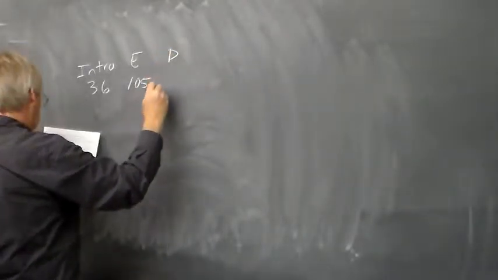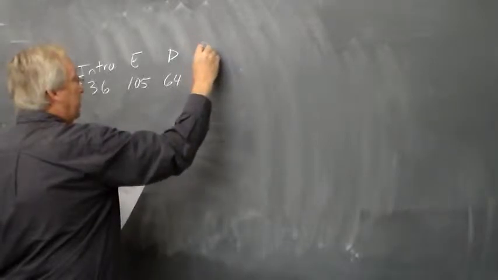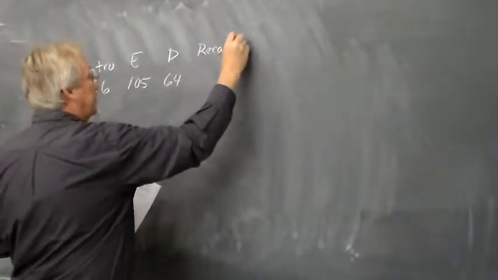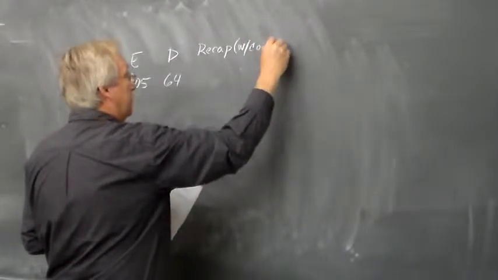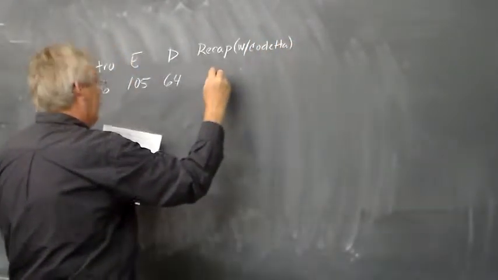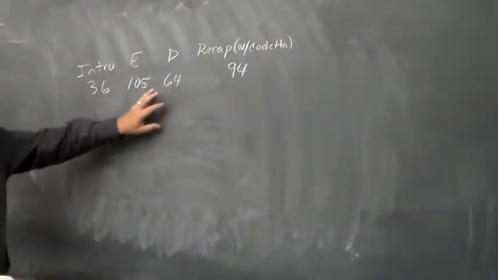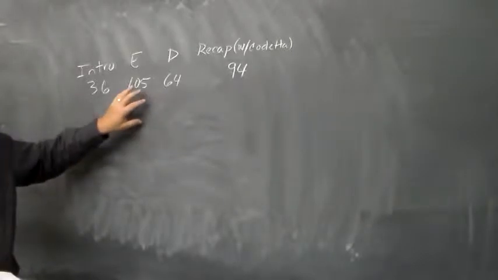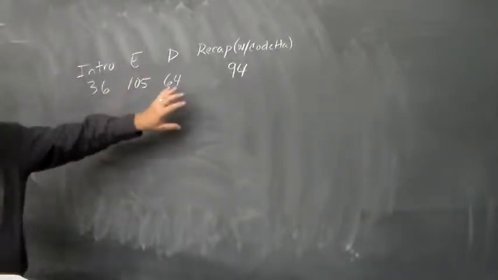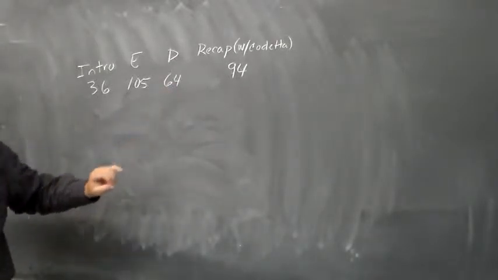The development is 64 measures. And then the recap, and it has a really brief codetta, is 94 measures. So this is real typical, that the development is half to 2/3 the length of the exposition, and that the exposition and the recap are approximately the same length as far as the number of measures.